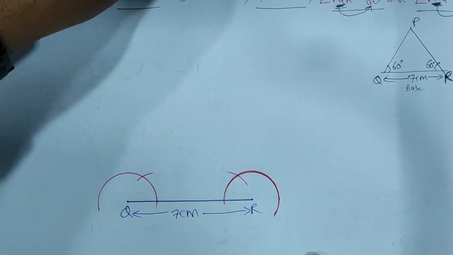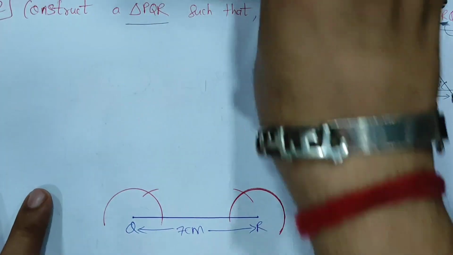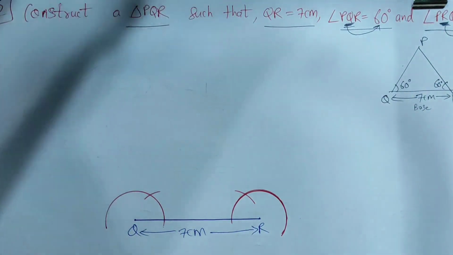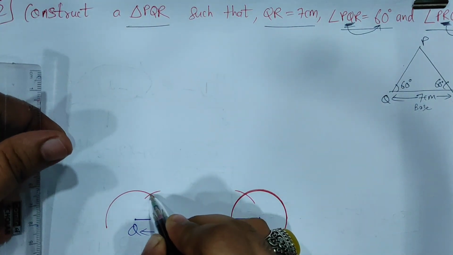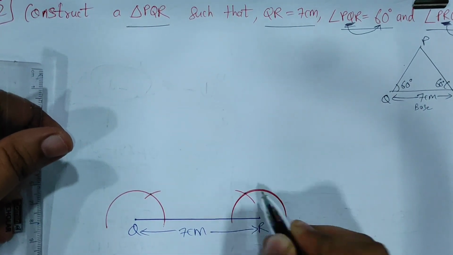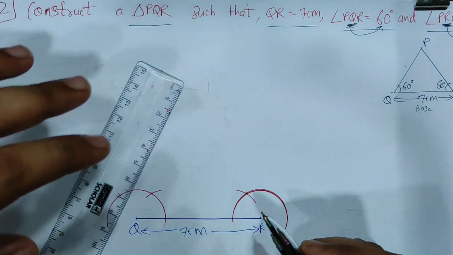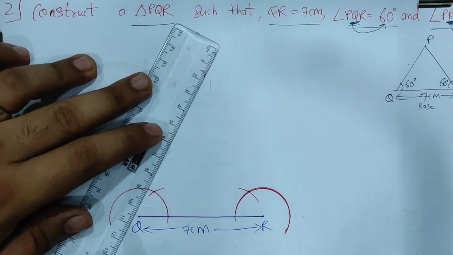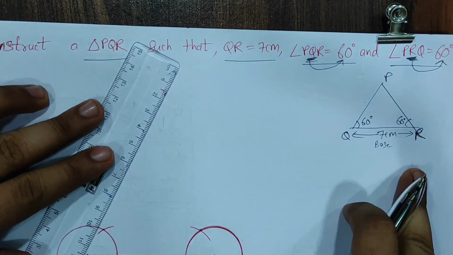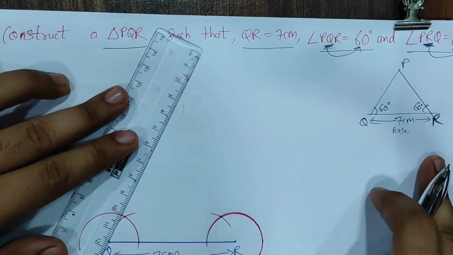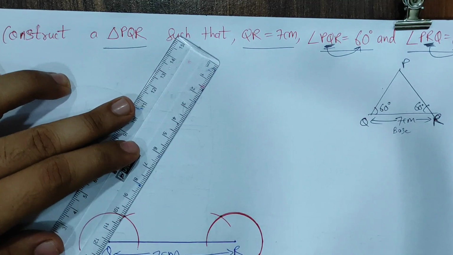That's it, students. So now see this, please. Now I'll highlight this point. Now I'll connect these 2 points. I don't have the measurements of PQ and PR. Be careful about it. But I don't want them also.